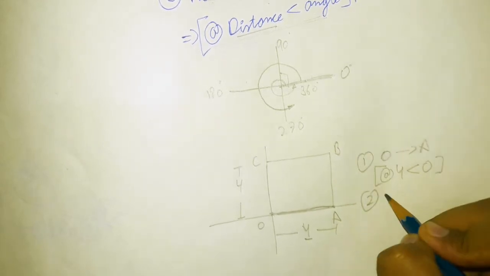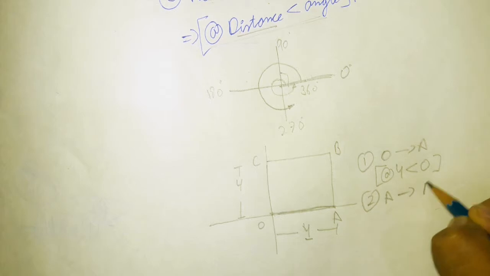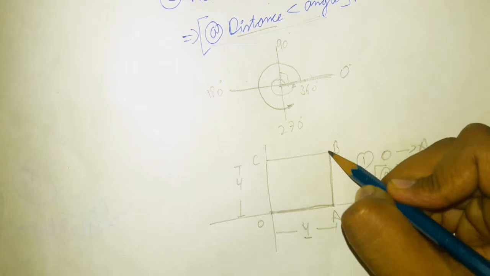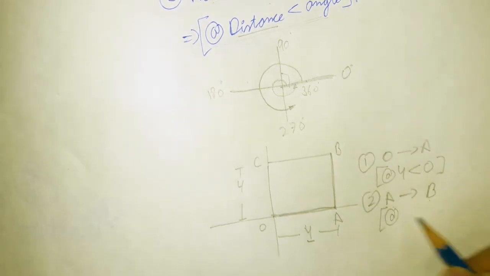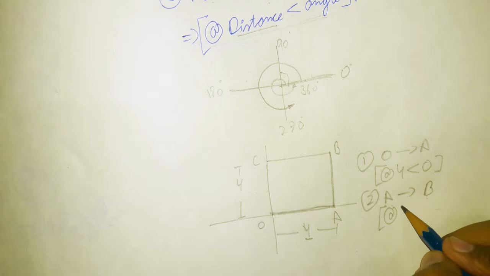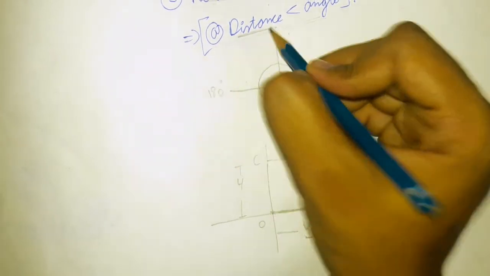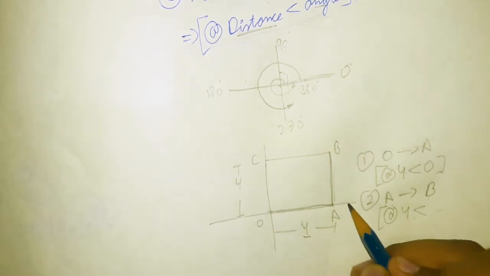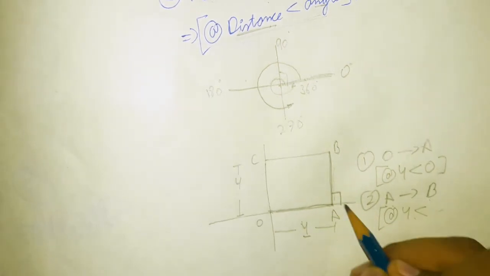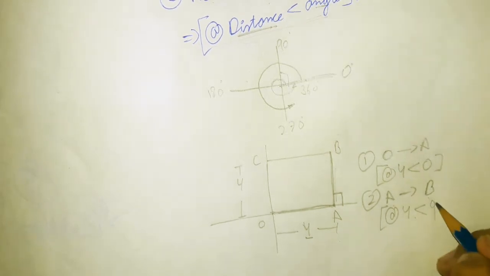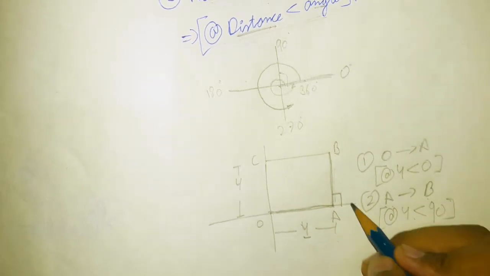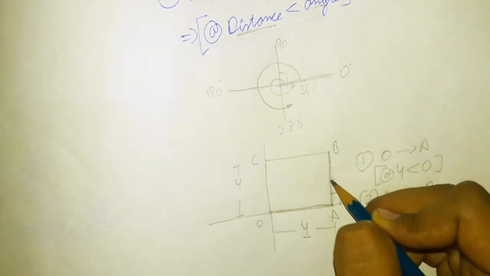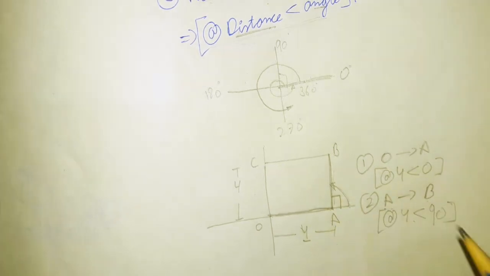Next, from A to B, at the rate distance is 4, angle, and I told you this angle is our 90. As I told you, move anti-clockwise in direction to find the angle.